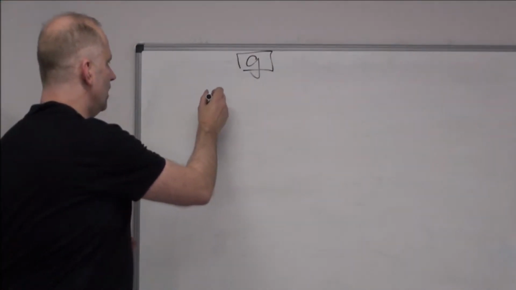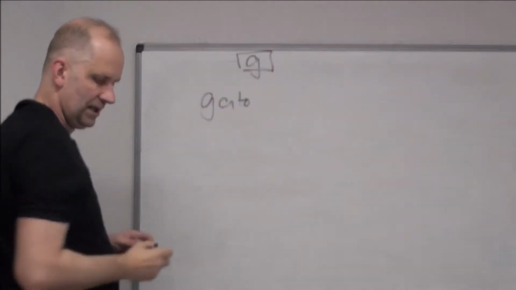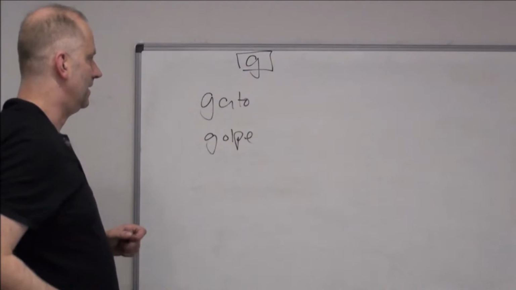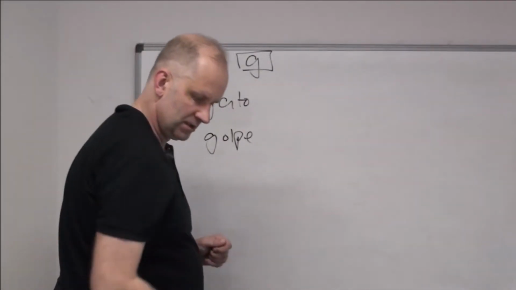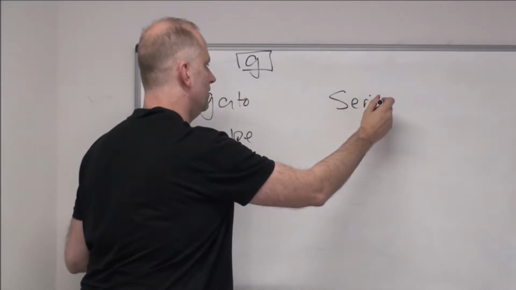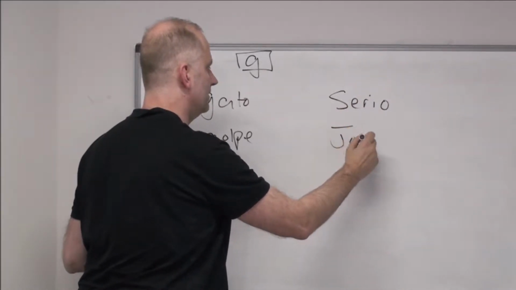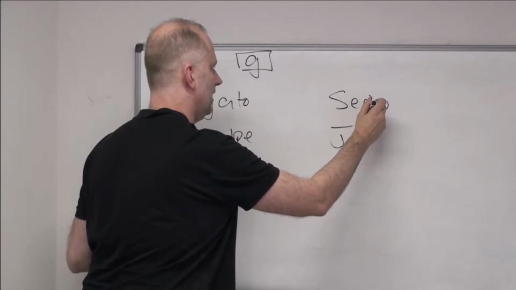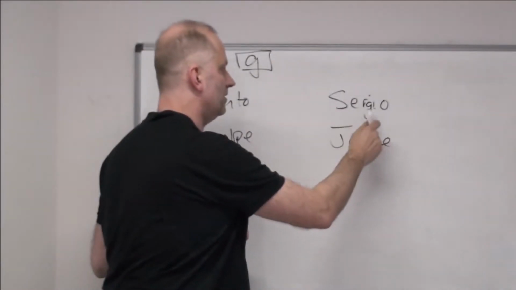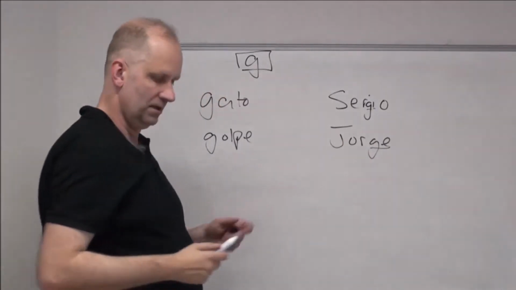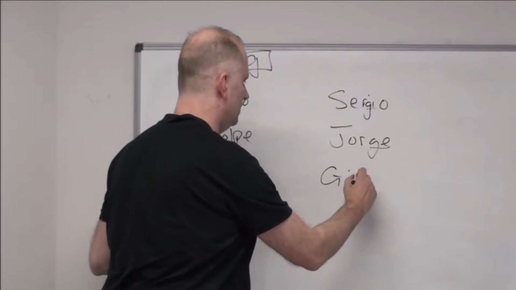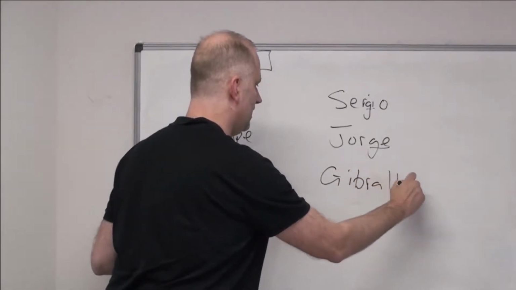If we think of gato and golpe, and then let's think of some others, the name Sergio or Jorge. When you've got a G directly followed by an I or an E, it's an H sound. Think of the town in Spain, Gibraltar.